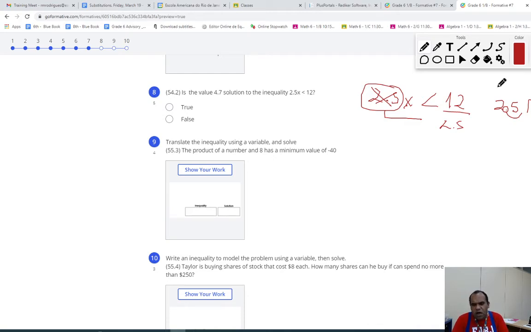Let's do it. How many times does 25 go into 1? 0 times. How many times does 25 go into 12? 0 times. How many times does 25 go into 120? 4 times.